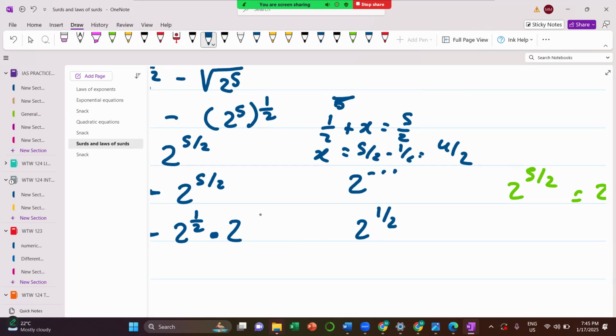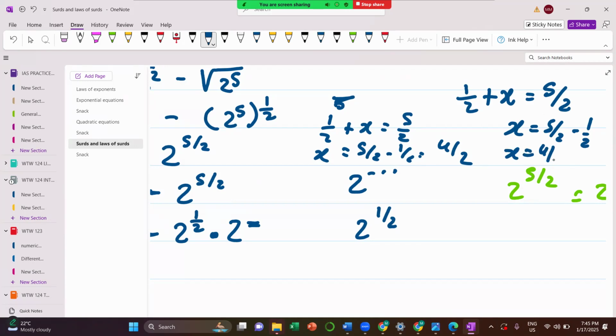So for you to find out whatever is going to be here, you want a number that you can add to 1 over 2. I don't know what number, but I know that when I add those two, I must get 5 over 2. So x is equal to 5 over 2 minus 1 over 2, so that I will know that this x is just equal to 4 over 2. Therefore, now I know here I must put 4 over 2.